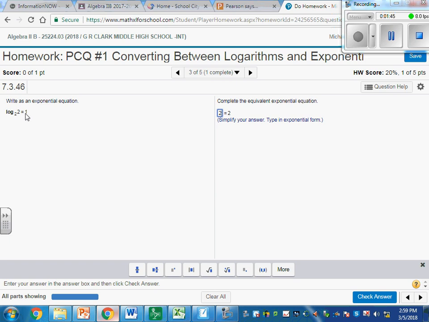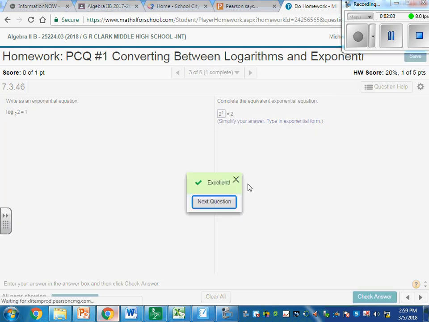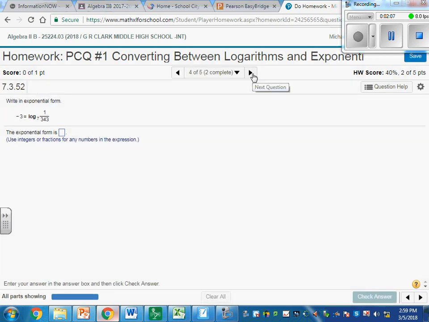So I swoop over, I see it's a 1, and to type in an exponent, I hit this superscript key, type in the exponent, and they already did the other side of the equal sign for us, equals 2. Let's check. All right, good deal. It likes it. I'm on a roll here.